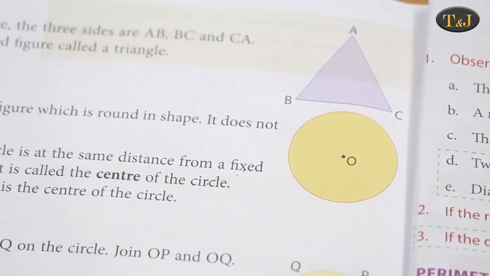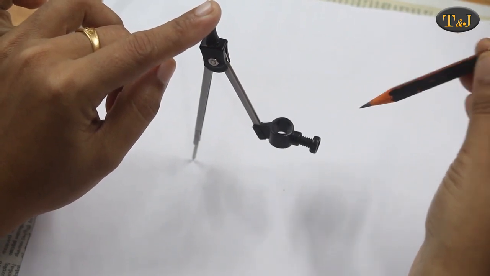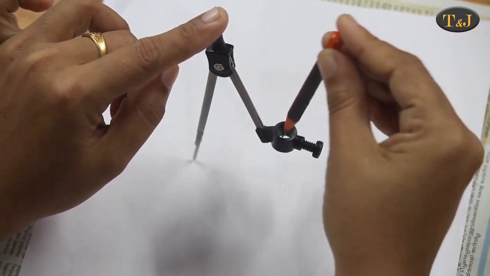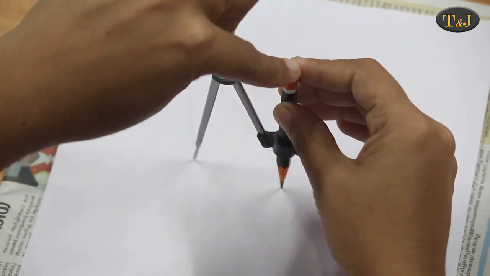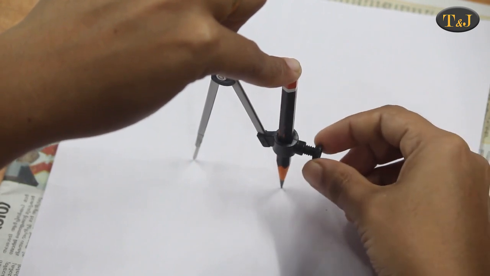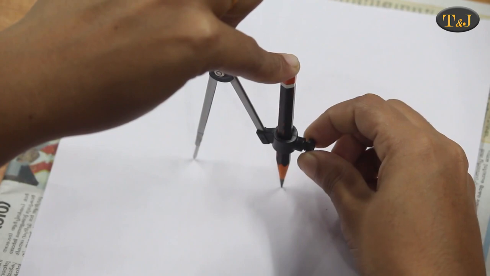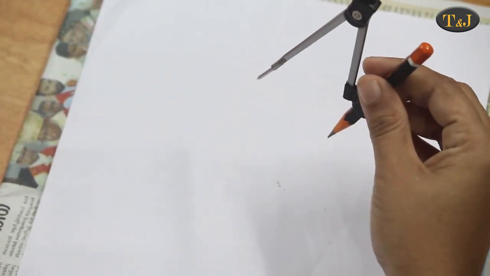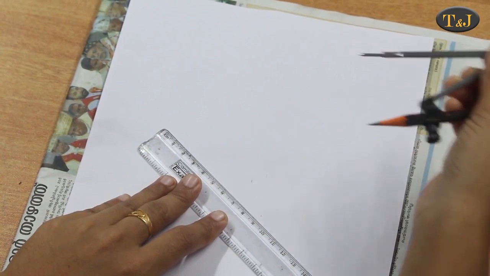We can draw a circle by using a compass. This is our compass. Take your compass and put the pencil here. Both the tip of pencil and compass should be the same length. First we draw a circle of 3 cm radius.